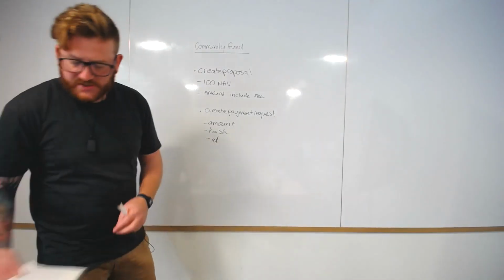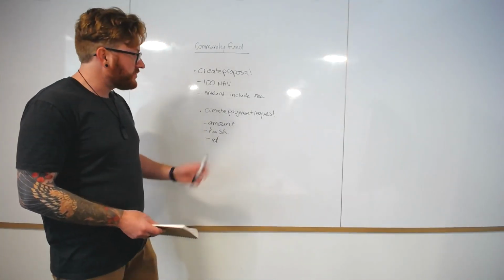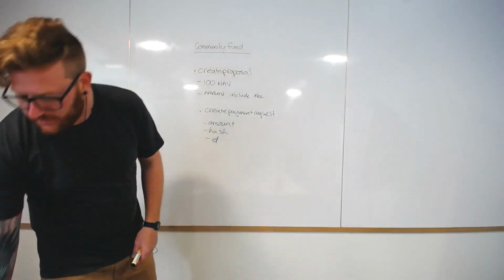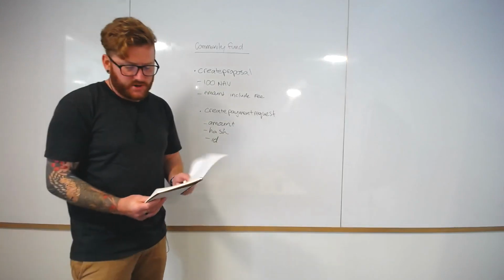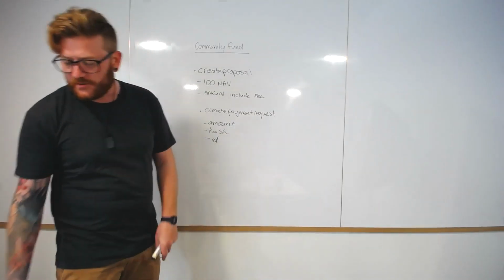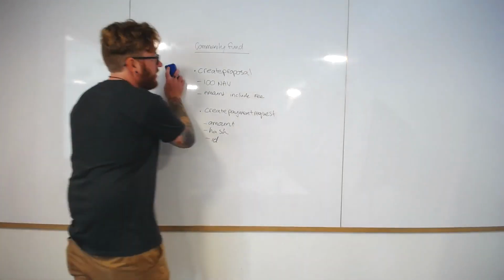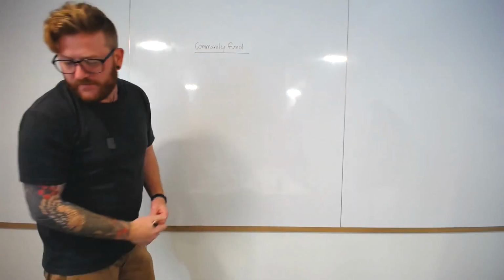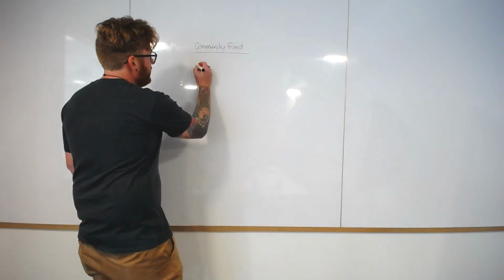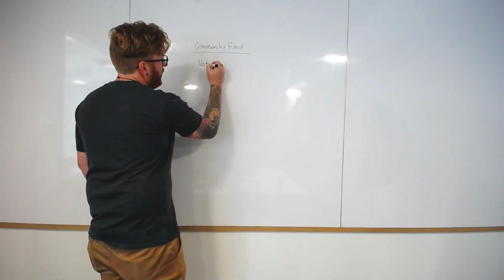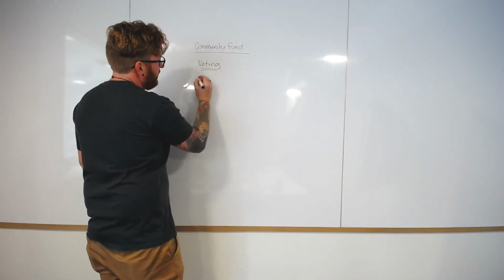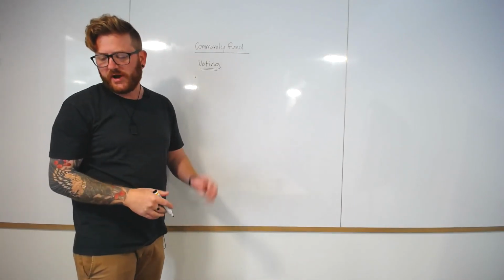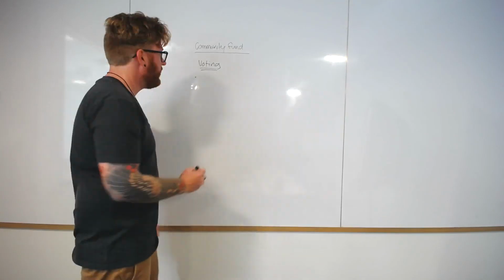So that's the basics of creating proposals and creating these payment requests. So I think the next step is to talk about the voting system itself, right? Voting for the community fund works in a similar way to how soft forks work on the network.